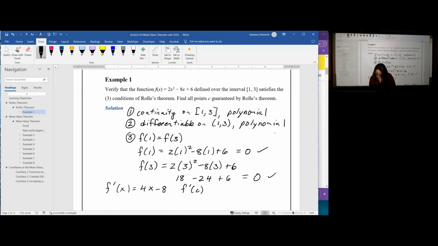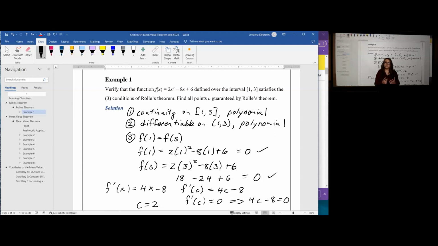Thus, we know that f prime of c, which is equal to 4 times c minus 8, must be equal to 0 as well. This implies that 4c minus 8 equals 0, and that tells us that the value where this occurs is at 2. We're guaranteed by Rolle's theorem that at the value x equal 2, we must have a horizontal tangent line.